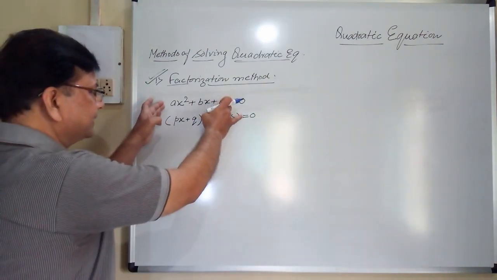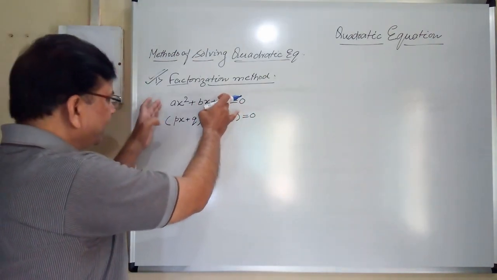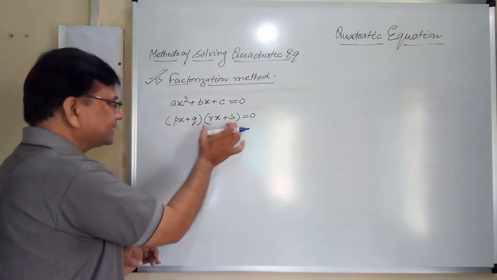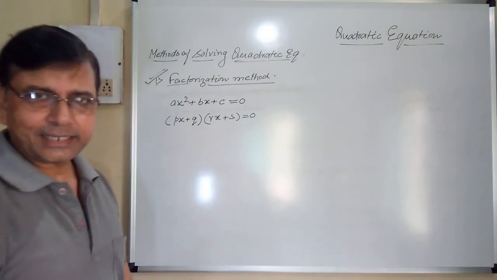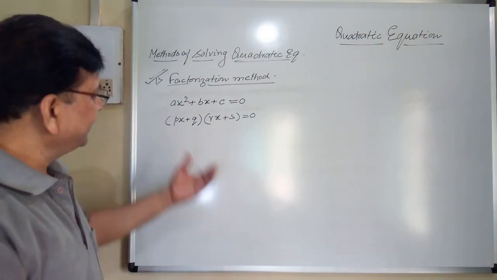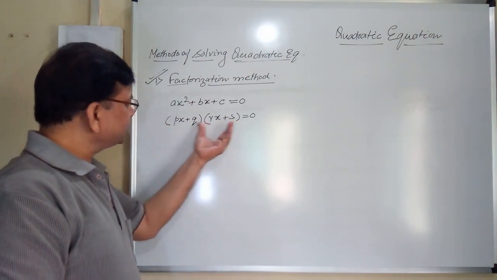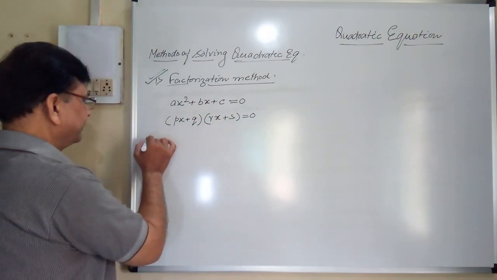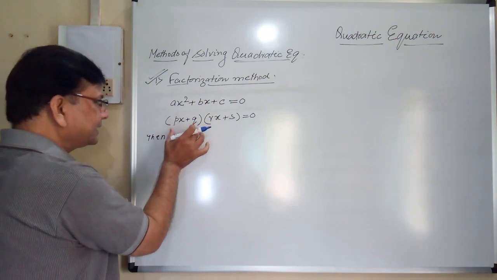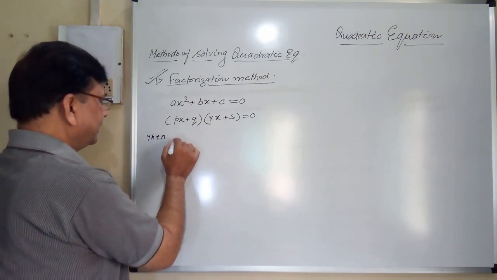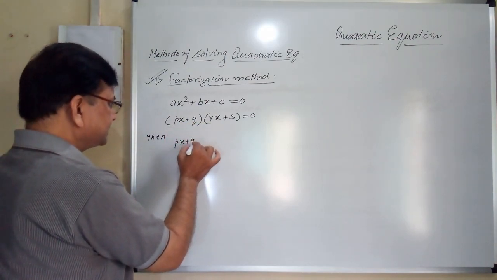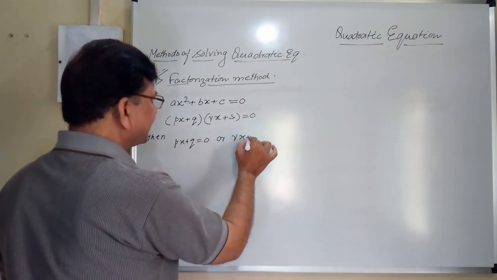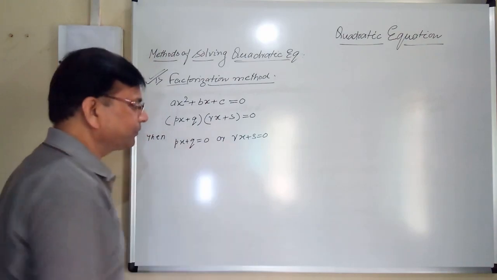If this quadratic expression is converted into two factors, there is multiplication in between these two. If product of these two expressions is equal to 0, then either px plus q is equal to 0, or rx plus s is equal to 0.